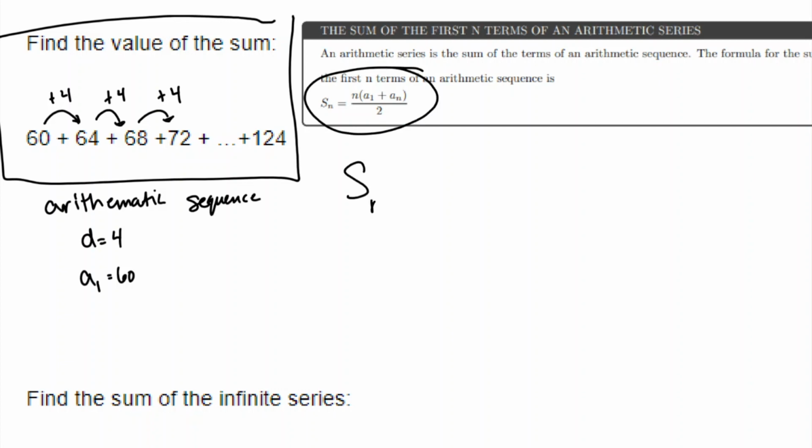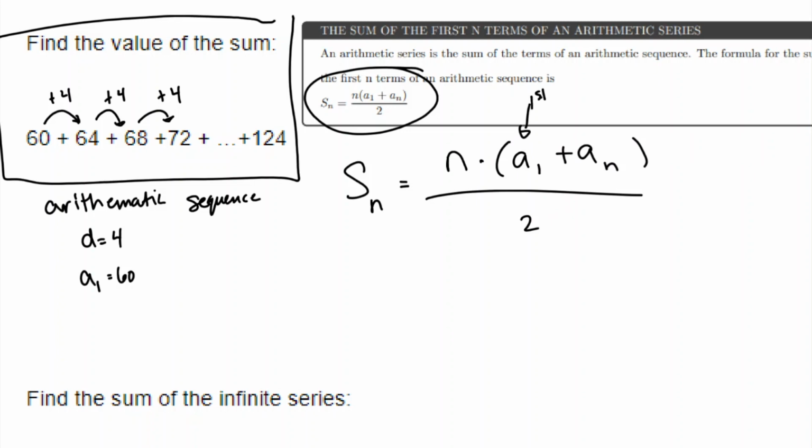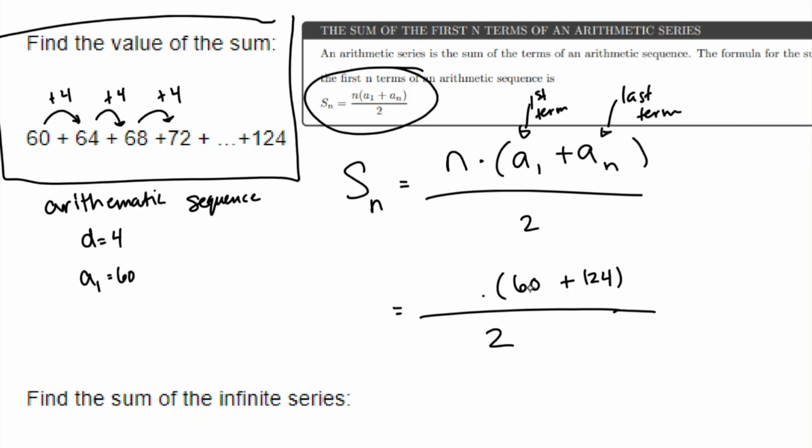The sum of the first n terms is the number of the term that you're looking at, the last one, times the first term plus the last term, divided by 2. Now right off the bat we can quickly plug in the divided by 2, the first term 60, the last term's 124. The only thing we've got to figure out is this n.